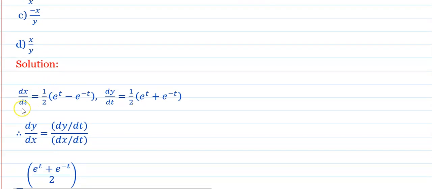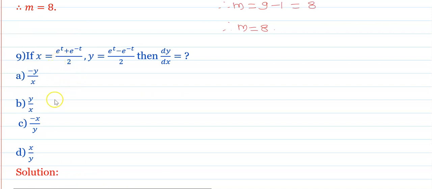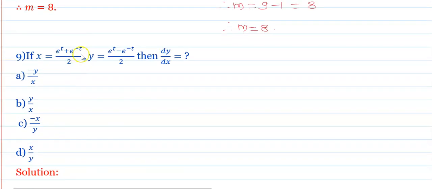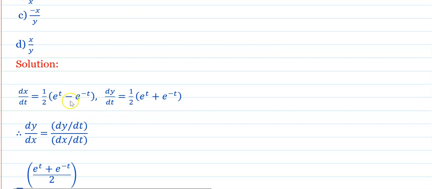Okay, this is the dx upon dt. 1 upon 2 कॉन्स्टंट आहे, आपण इथे कॉन्स्टंट लिहिलाय. The derivative of e raised to t is e raised to t. Derivative of e raised to minus t is e raised to minus t into derivative of minus t is minus 1, and hence इथे minus sign आपल्याला इथे आलेलं. Therefore dx upon dt is equals to 1 upon 2 (e raised to t minus e raised to minus t).